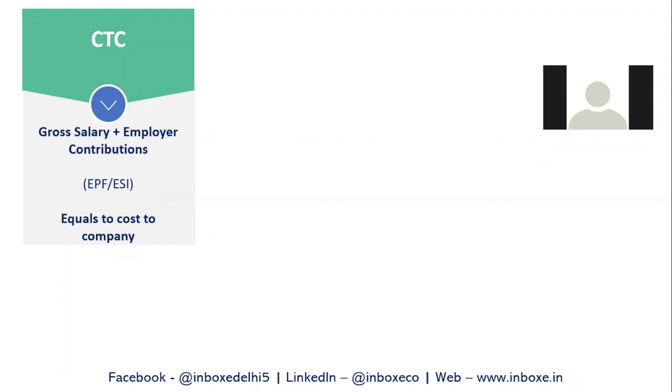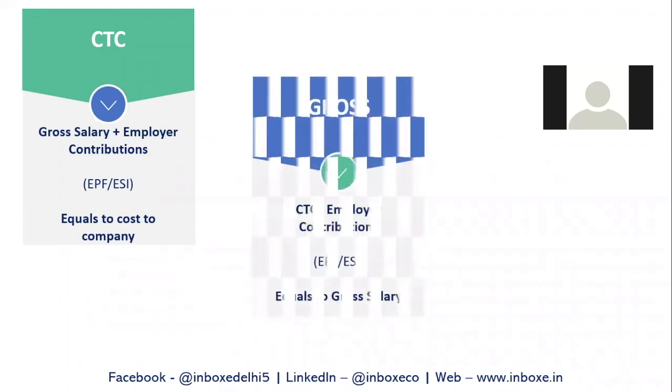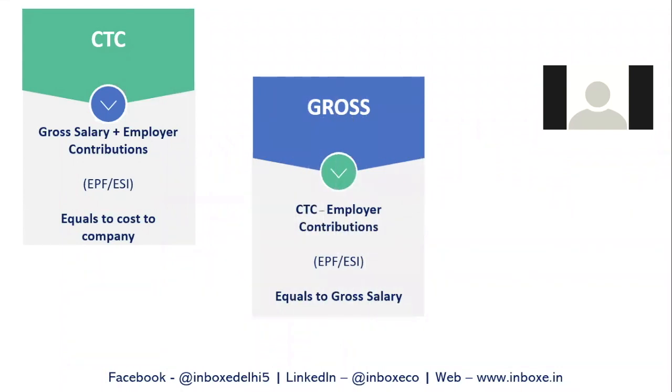Now to calculate the CTC, we calculate gross salary plus the contribution the employer is giving. Okay, so we learned CTC. Now we'll move to what is gross salary. If we know the CTC amount and deduct the employer contribution, we get the gross salary.